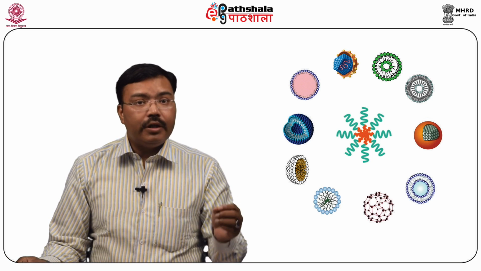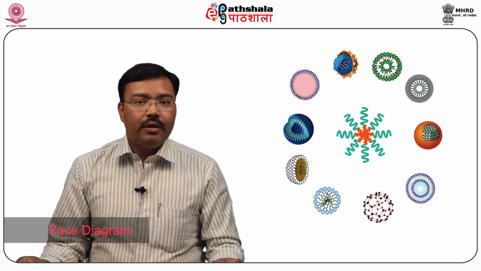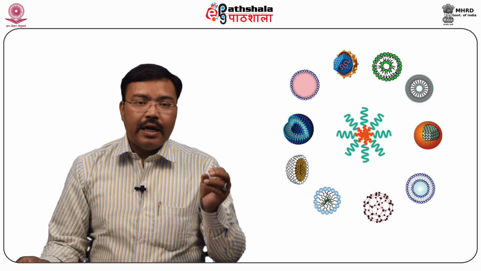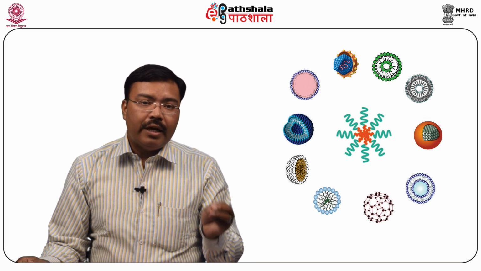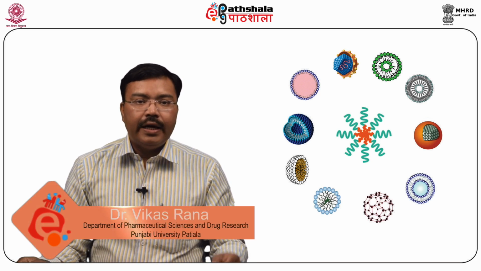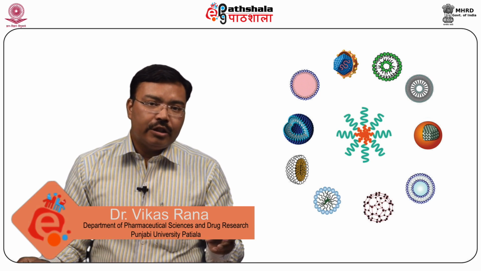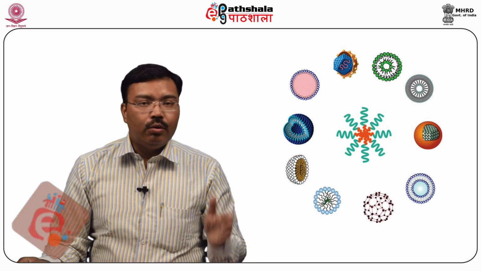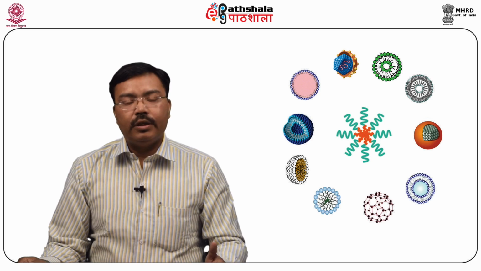One very important thing is zeta potential, which directly predicts the stability of the microemulsion, and zeta potential should be between minus 30 millivolt and plus 30 millivolt. And lastly, the characterization of microemulsion is important for ensuring a good and acceptable microemulsion formulation.